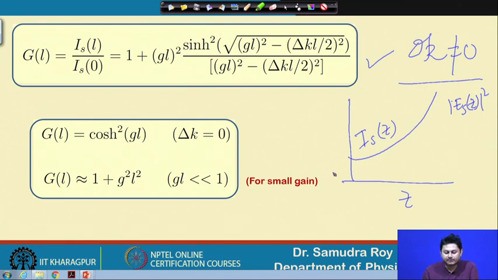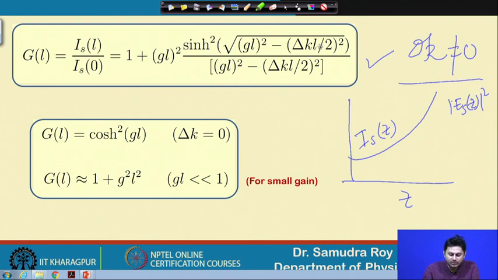A similar kind of plot one can expect if someone plots this, and he will find that because of the presence of delta k, the amplification will not be that much, and it will restrict the condition.